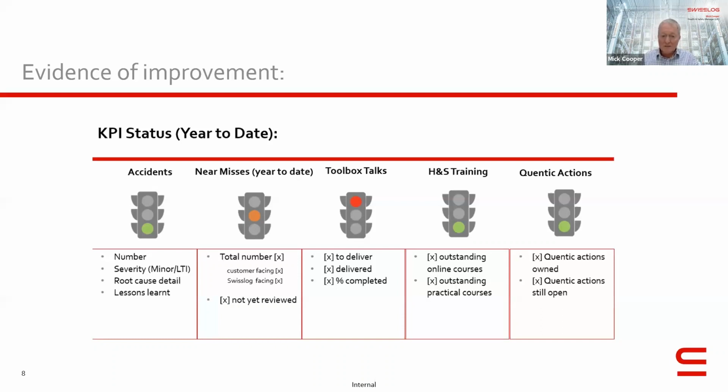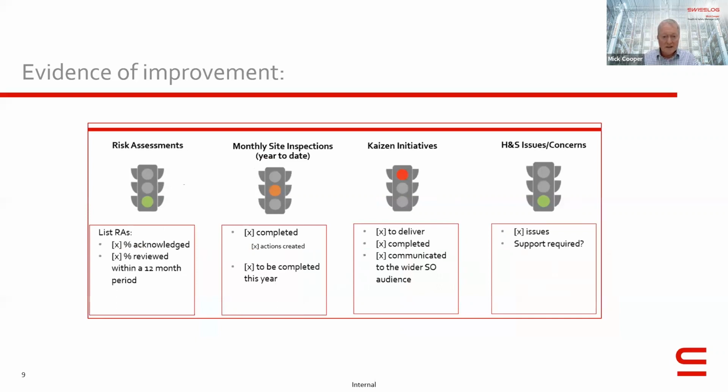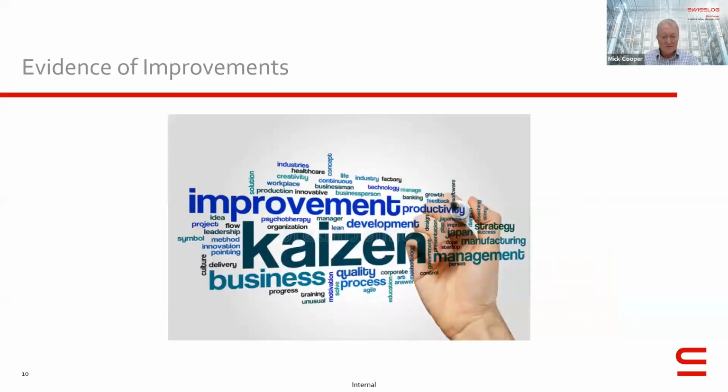Next slide, please, Carl. Obviously, the 3 KPIs there to the left, not the issues and concerns to the right, but they are working. And all in all, this is happening as a result of the inclusion of the Safety Climate Tool Survey. Next slide, please, Carl. Yes, we do Kaizens, improvement initiatives as part of the KPI process.